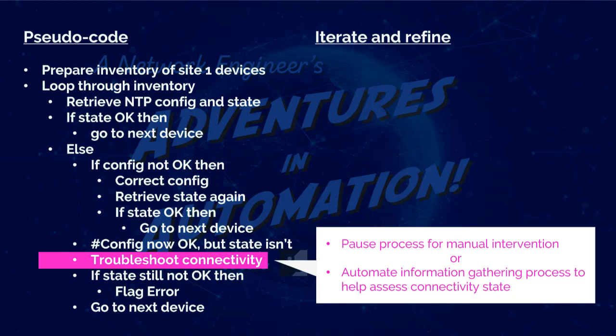This is where it uses your experience as a network engineer to understand what can go wrong, and add some intelligence into the process. Essentially, though, the automation that we're looking at kind of stops at this point while that connectivity is fixed.